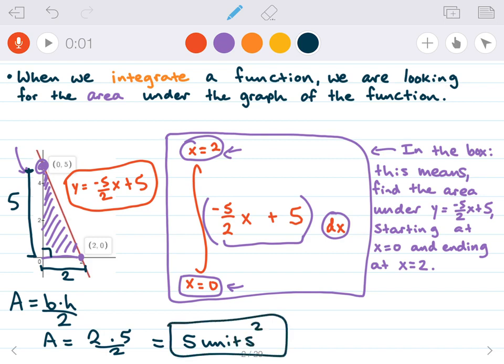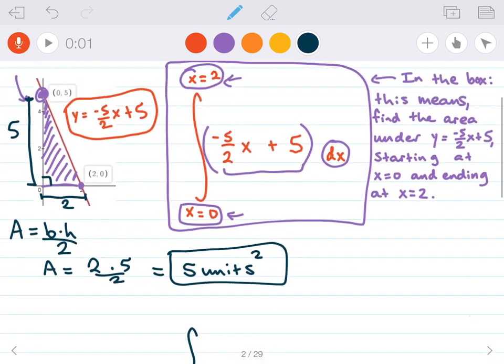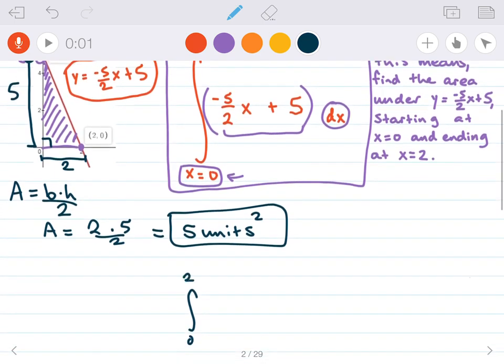Okay, so in integral notation, and we're going to get a little bit more rigorous with this, but I'm just introducing this, so I want to make sure that I don't overload you here. So in integral notation, what is this saying? This is saying we'll find the area between 0 and 2 of the function, and that is going to equal 5 units squared.